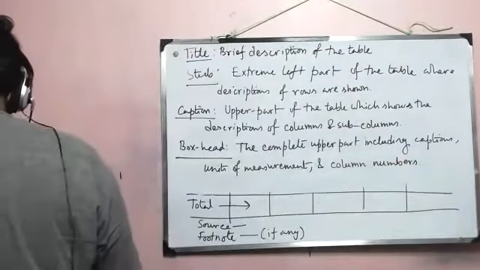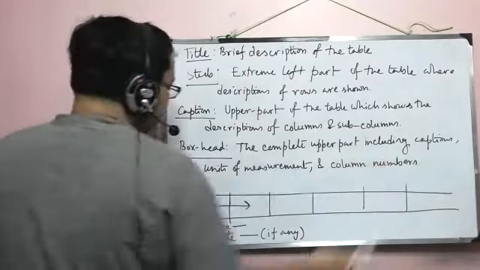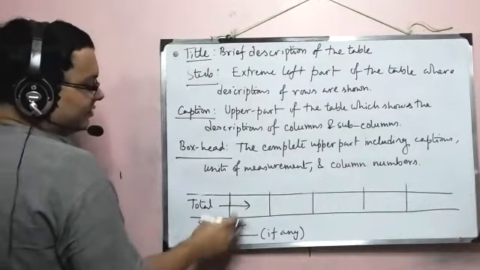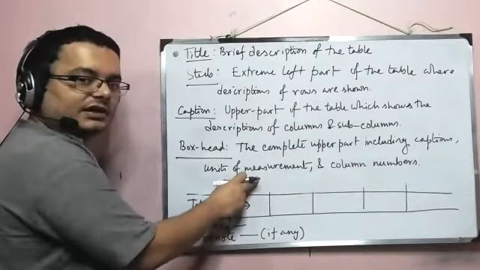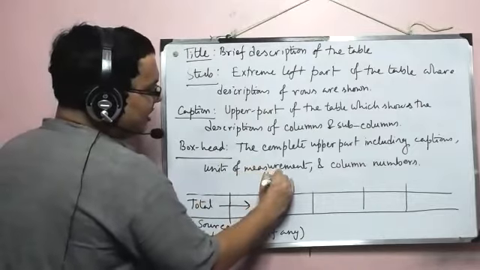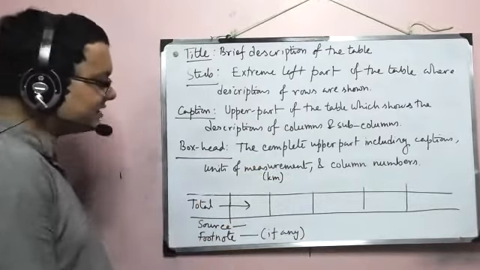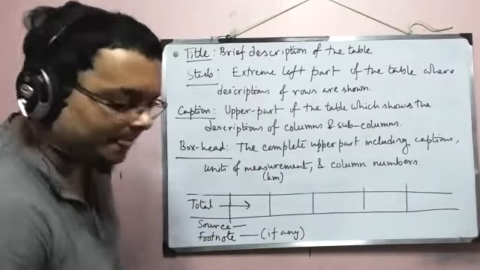Okay, so three things: captions, units of measurement, and column numbers. This is why you need the footnote. Whenever you are writing units of measurement, if you write km, then in the footnote you will say that this km means kilometer. Okay, that's the use of footnote. All right.